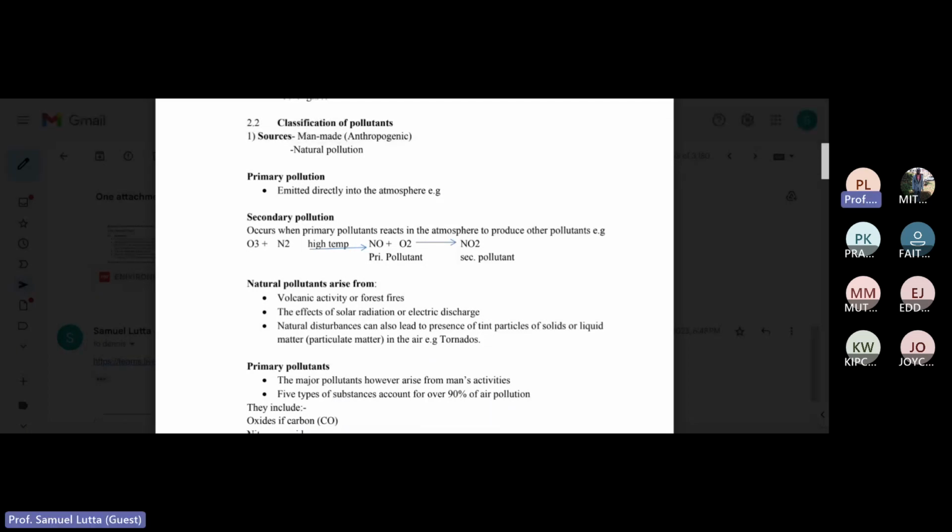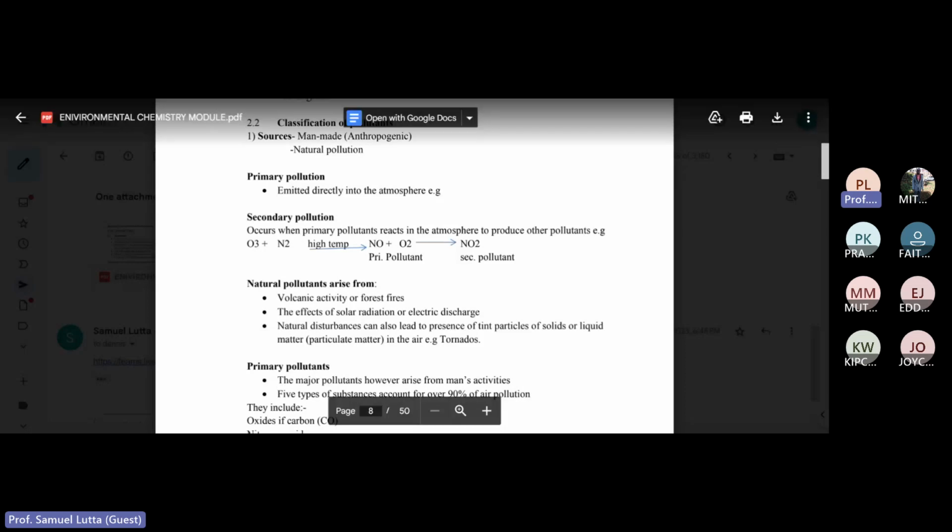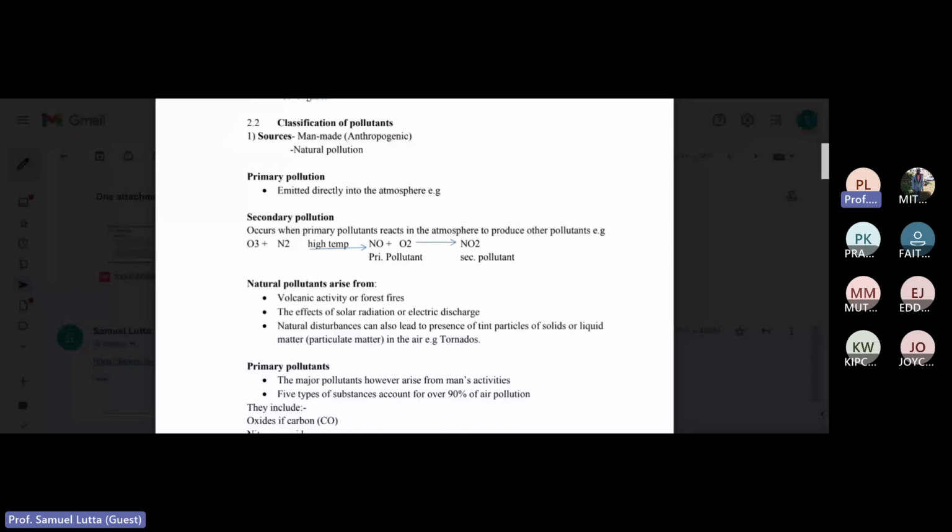So natural pollutants, just to say what we had said, they can come from volcanic activities or when you burn a forest. So with forest fires, of course, we know one of the products is carbon dioxide. So you'll be generating a lot of CO2 and you'll also be destroying forest, which is responsible for absorbing the CO2.